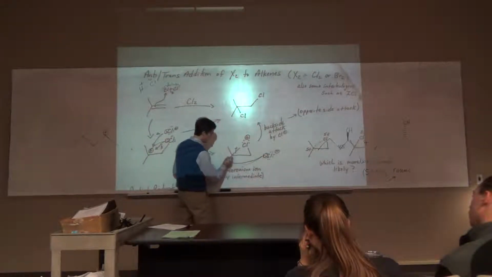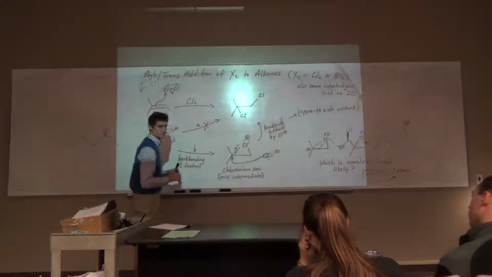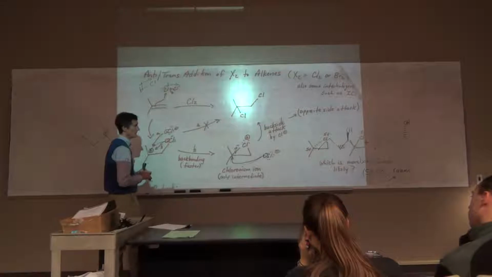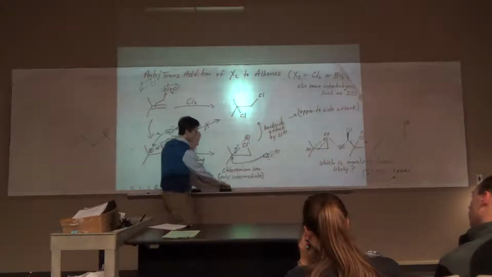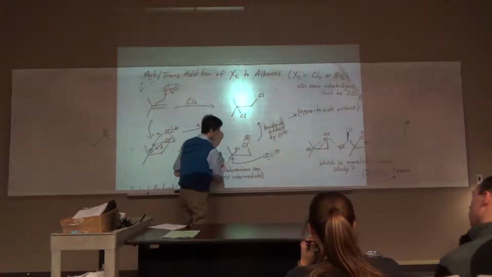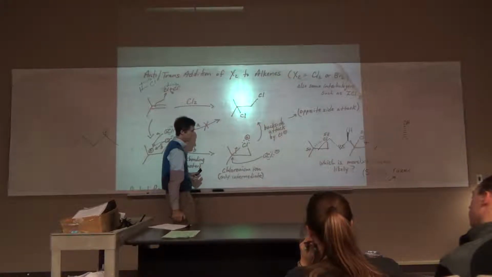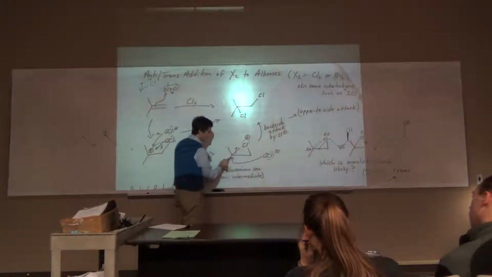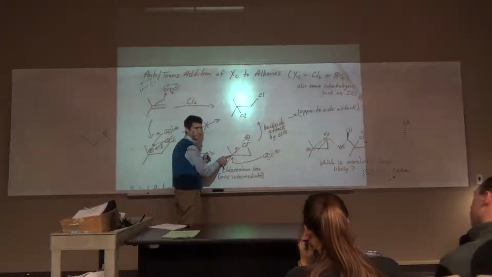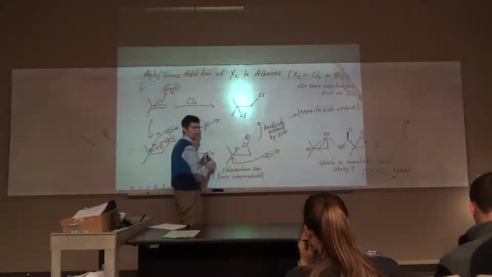These electrons come in, attack this carbon, and kick these electrons back off. All right, already had the arrows there. So this chloride does not attack a free carbocation. It attacks a carbon and kicks a leaving group off.